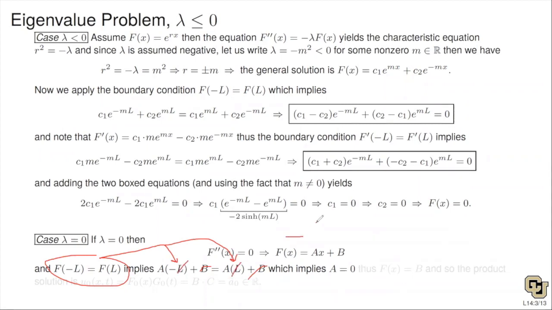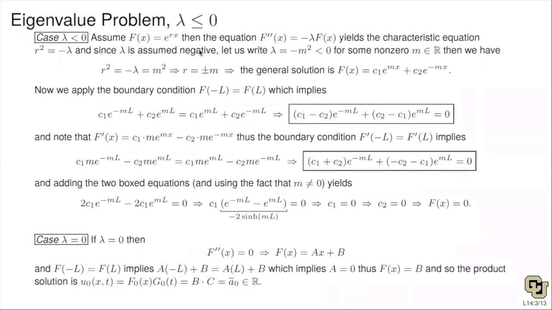You end up with the equation negative A equals A. Bring the negative A over, you get the equation 2A equals 0. And so then we get A equals 0. And then, so our solution now looks like f of x is just a constant b.